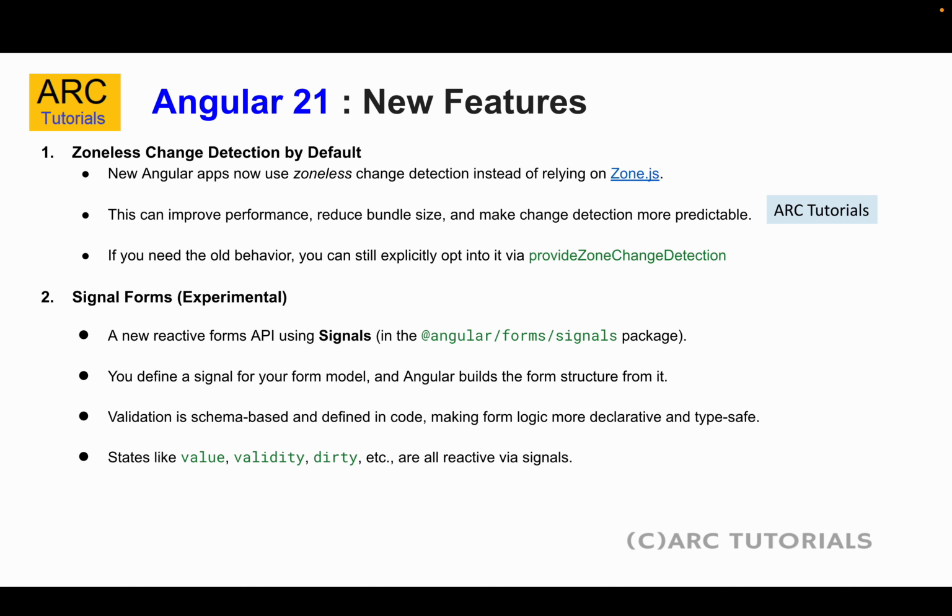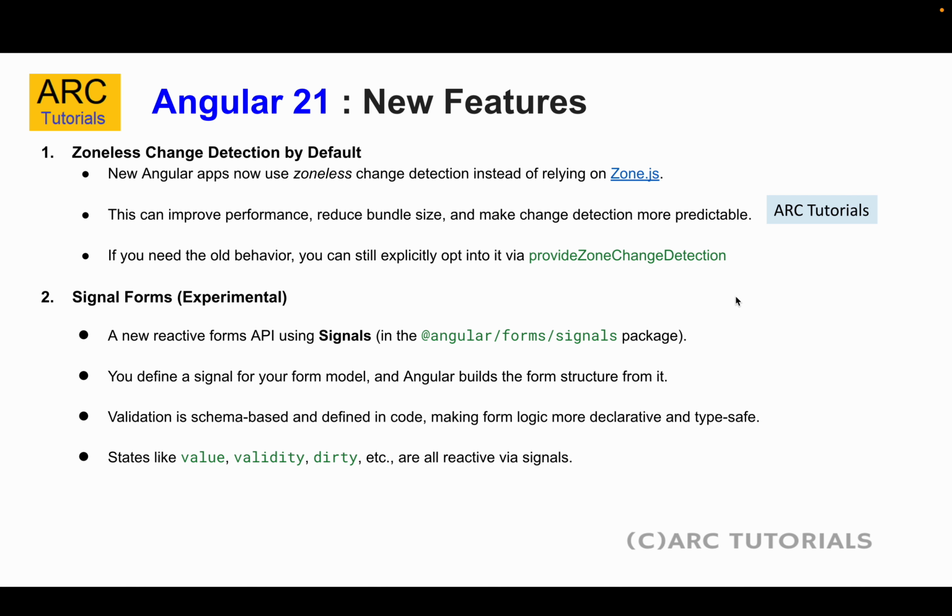Earlier, change detection used to happen using zone.js, but now it's removed, and all of the change detection is done zoneless. This helps improve performance, reduce bundle size, and make change detection more predictable and more controllable. If you still want to use the old behavior, you can, and that's provided via provideZoneChangeDetection.